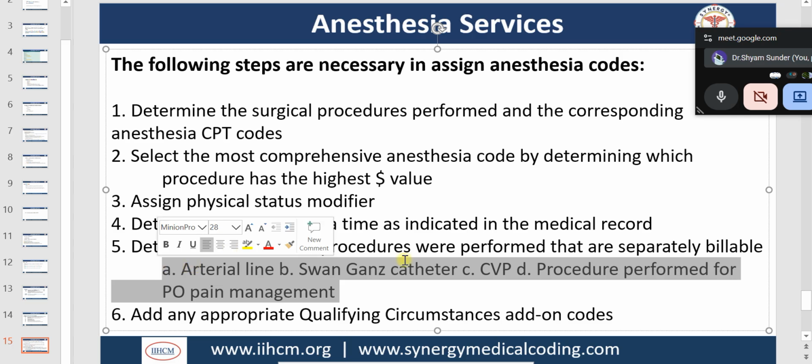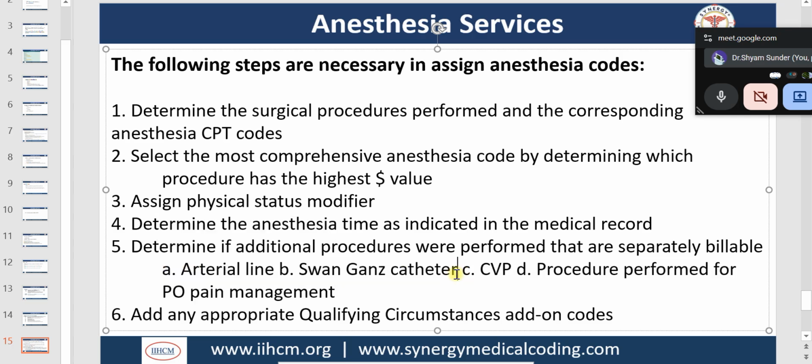So for the second point, we have to remember that if the code starts from the same digit like 001, it belongs to the same category. We have to take the one with the highest value, correct?